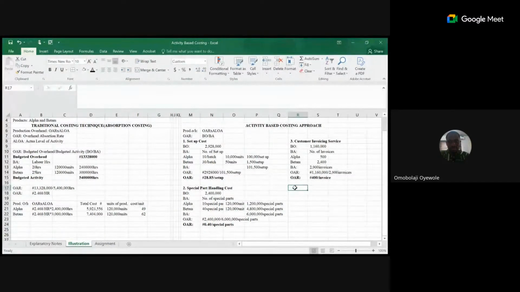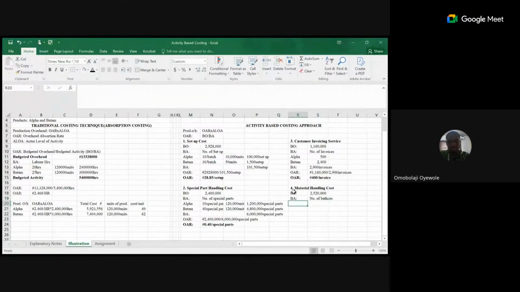Then the third one, number 4, is material handling cost. For material handling costs, let's go again, the same approach. Budgeted overhead and budgeted activity. So what's the budgeted overhead for material handling cost? 2,520,000, right? Yes. Then number of batches.